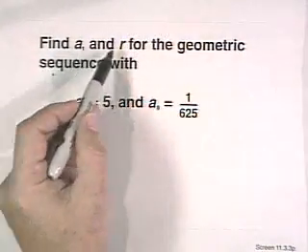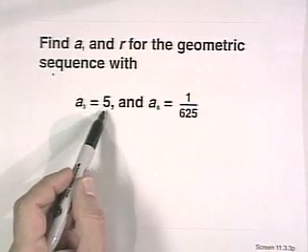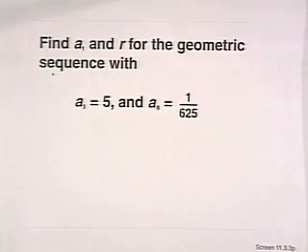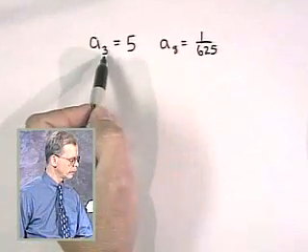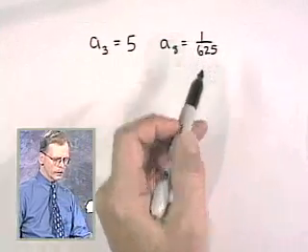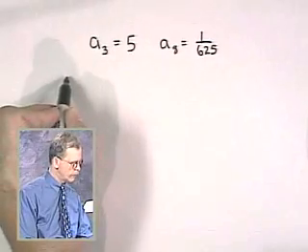Now let's analyze a sequence in which we know two non-sequential sequence values. Find a1 and r for the geometric sequence if a sub 3 is 5 and a sub 8 is 1 over 625. We take what we know and put that in our formulas for the general term.